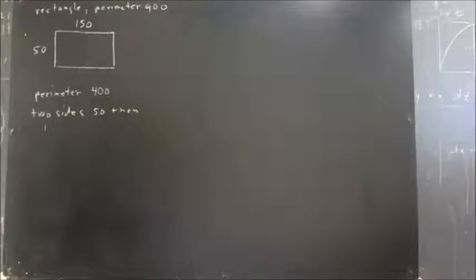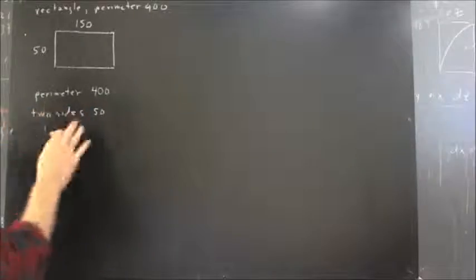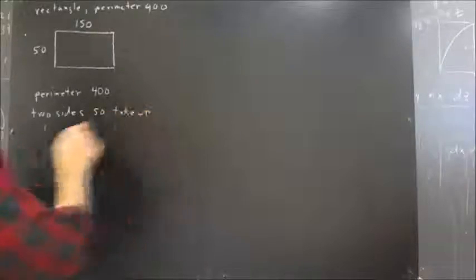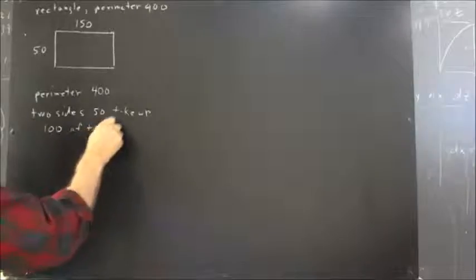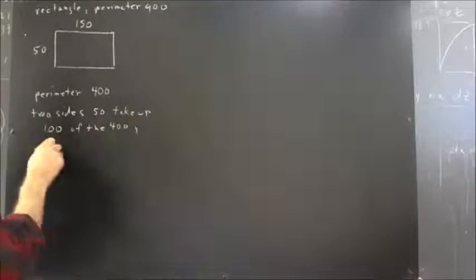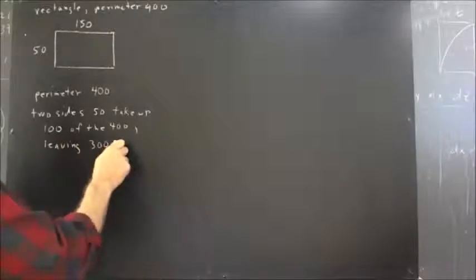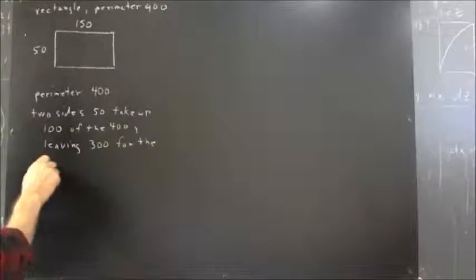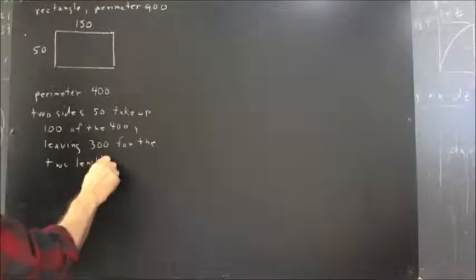Two sides of 50 take up 100 of the 400, leaving 300 for the two lengths.